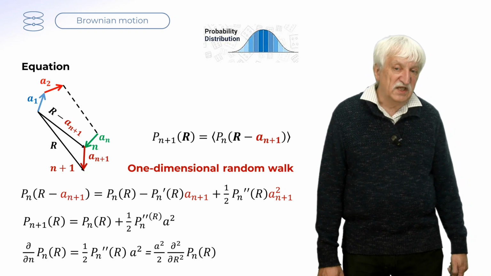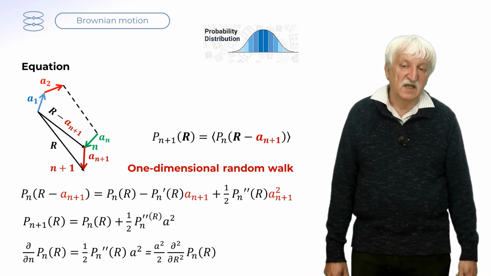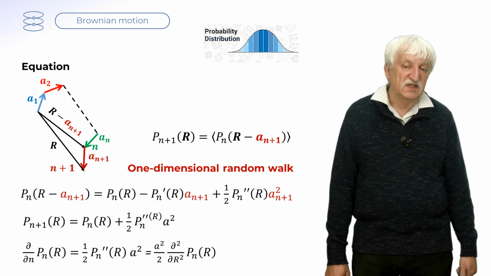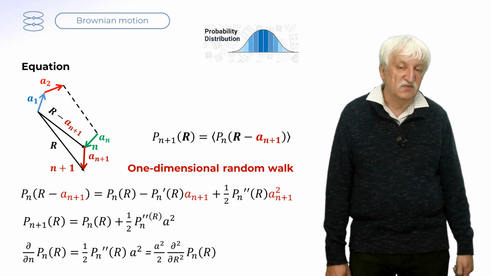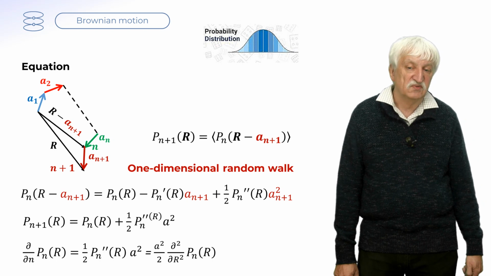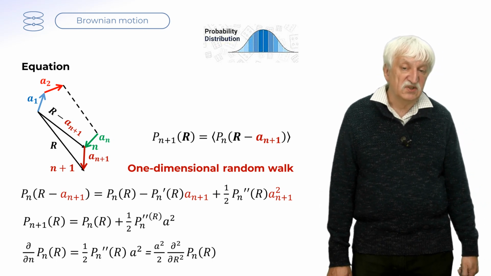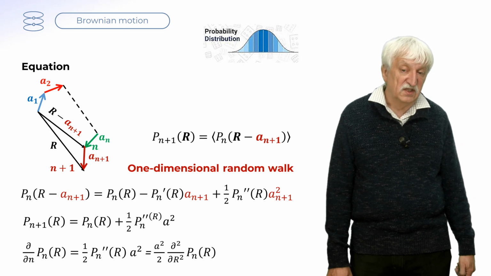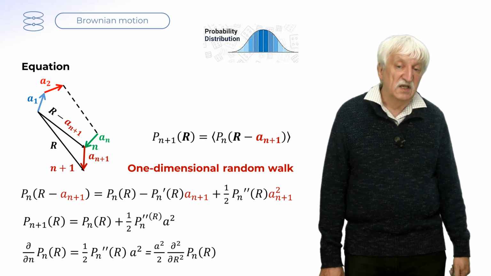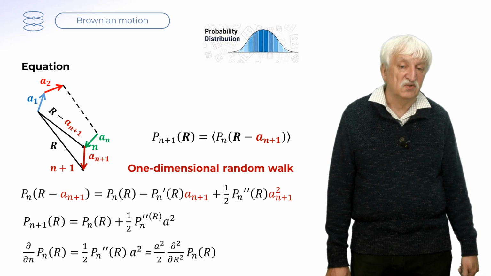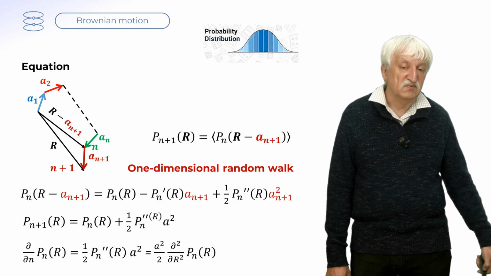For large n, we may present this Pn plus 1 minus Pn as the derivative of the distribution function over n, and we get the following equation: dPn/dn equals a squared over 2 times the second derivative of Pn.